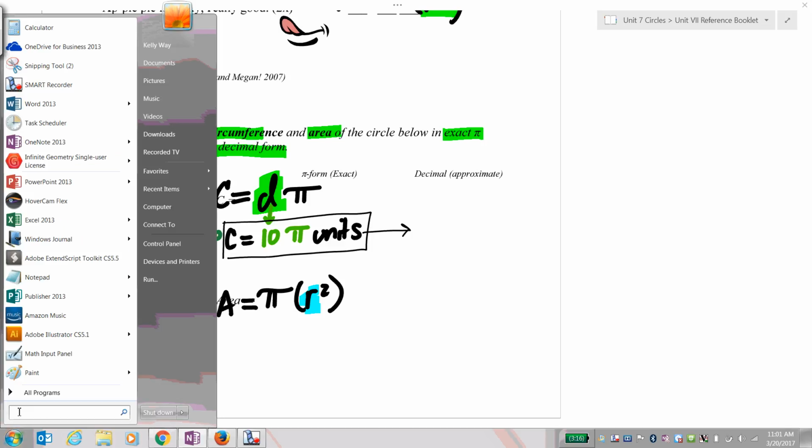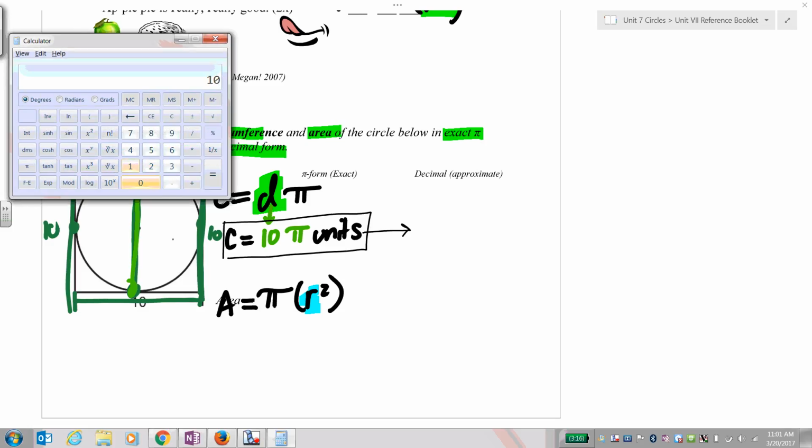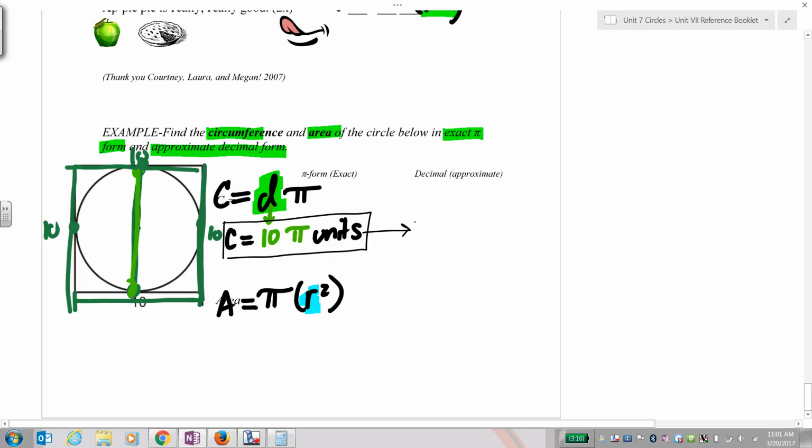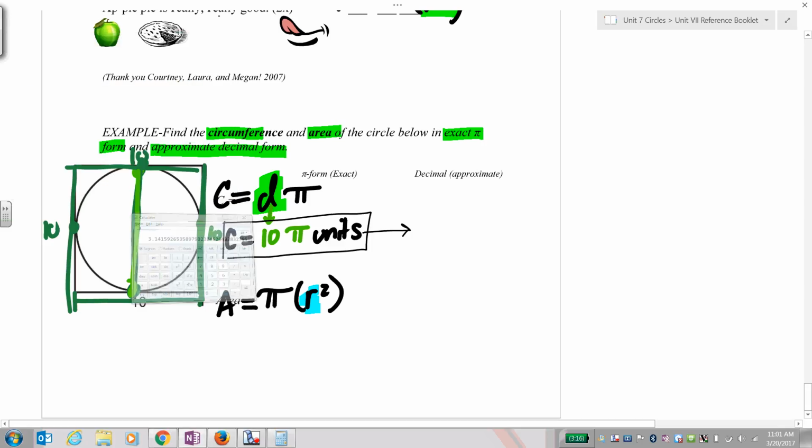Now to get the decimal version, you're simply going to do 10 times pi on your calculator and round it to the nearest second decimal place. So that's going to be 31.42 units.